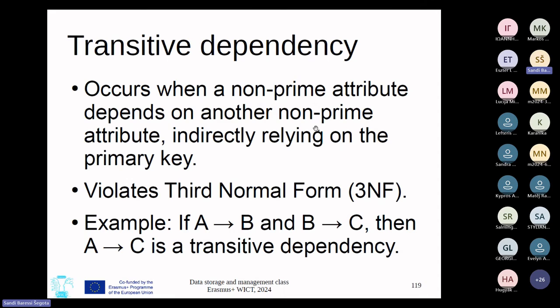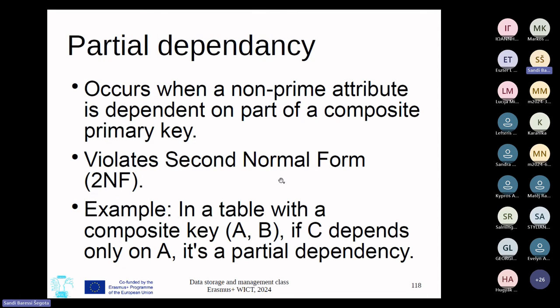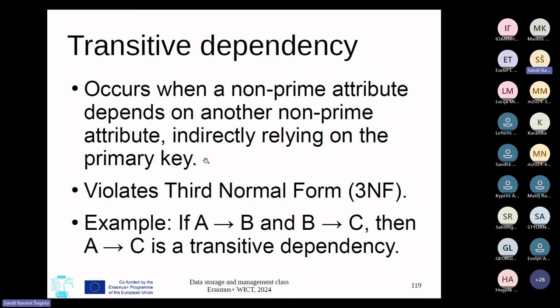Then a transitive dependency occurs when a non-prime attribute depends on another non-prime attribute, and that evaluates the third normal form. So basically, no duplicates means you're satisfying the first normal form, no partial dependencies means you satisfy the second, and the third means you won't have transitive dependencies.